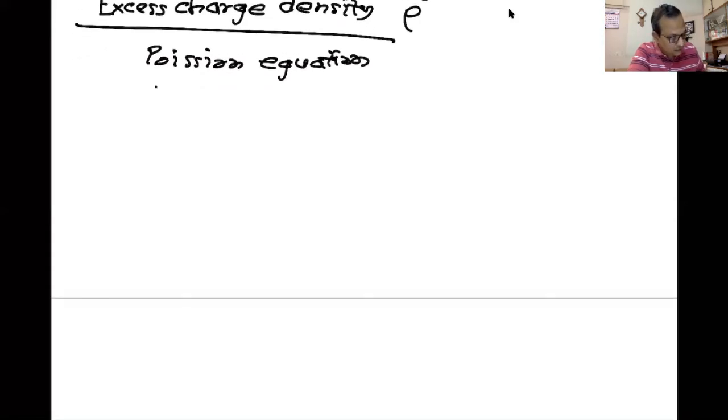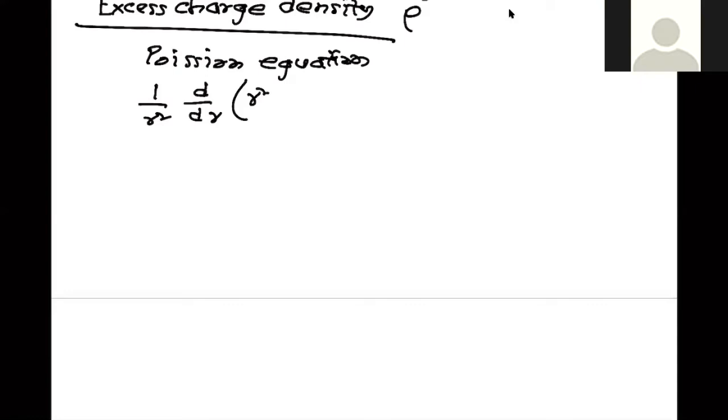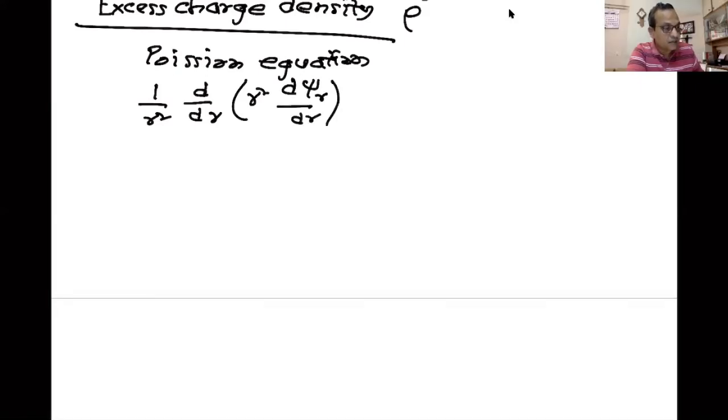Poisson equation is 1 upon r square d by dr of r square d psi r by dr is equal to minus 4 pi upon epsilon rho r.